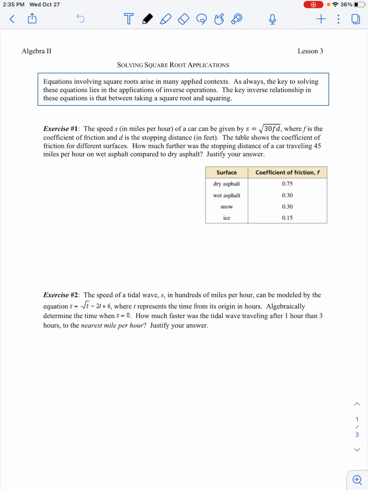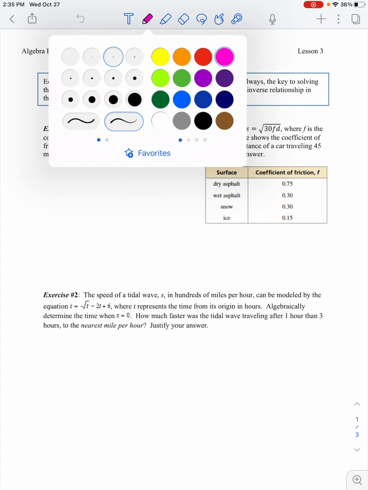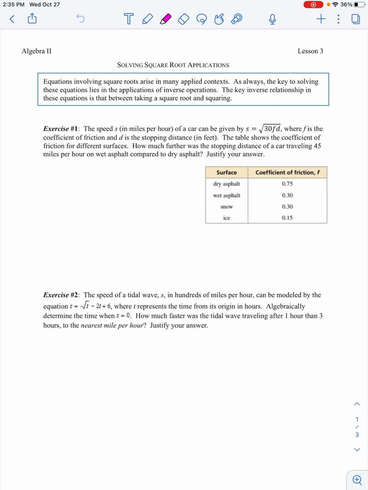So the first thing that you want to think about is what does each variable represent? We have a coefficient of friction here, and they're really asking us to compare two different things: how much further the stopping distance of the car traveling 45 miles per hour was on wet asphalt compared to dry asphalt. So we're using a dry asphalt and a wet asphalt value.